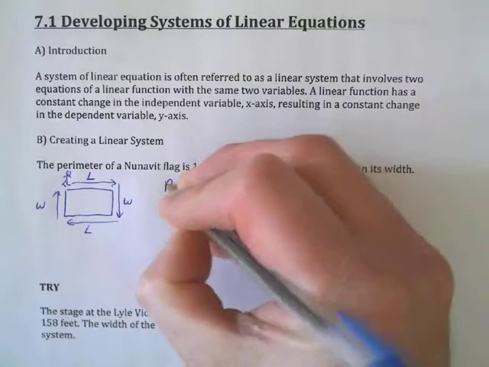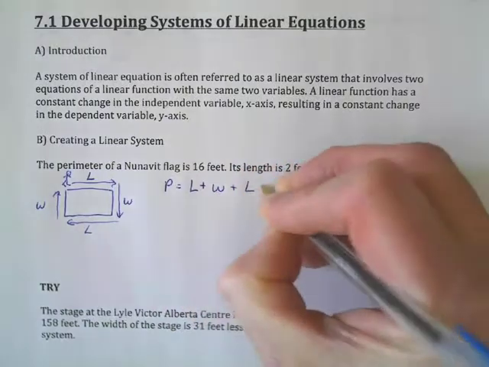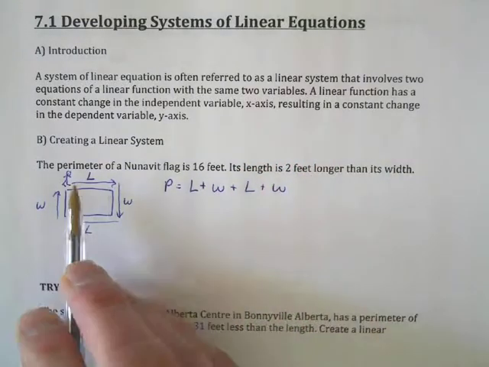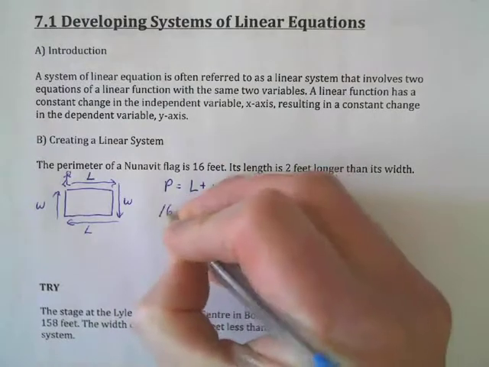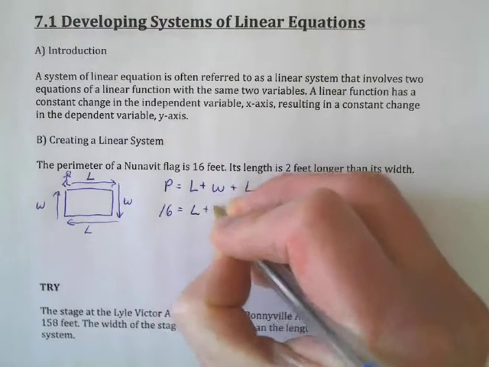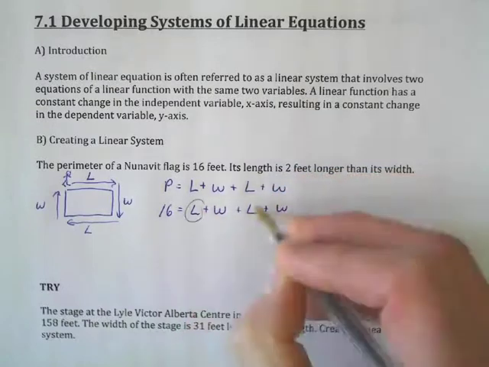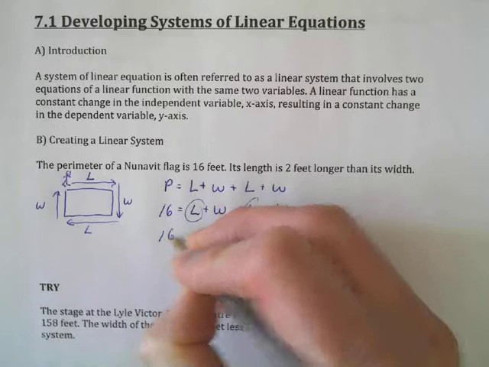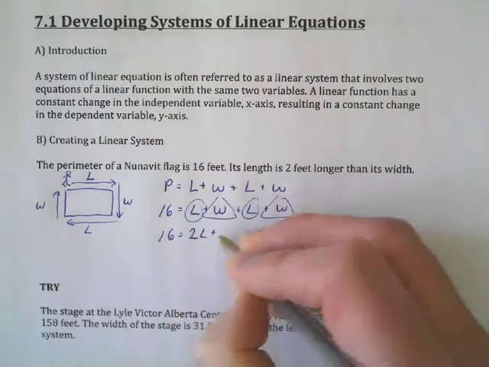So perimeter is equal to L plus W plus L plus W. It says the perimeter of the Nunavut flag is 16 feet. So 16 is equal to L plus W plus L plus W. I have two L's, I can put them together. So 16 is equal to 2L, and the W's can go together, plus 2W.